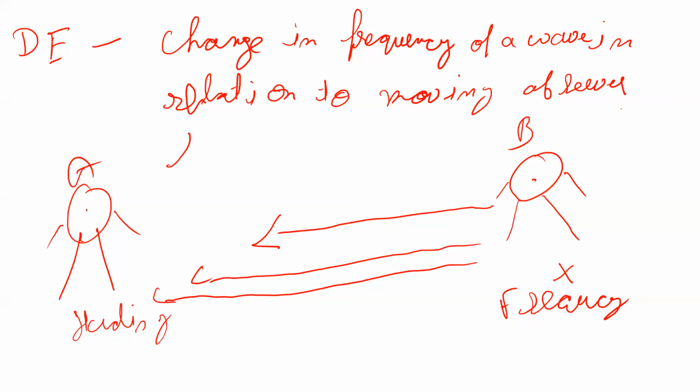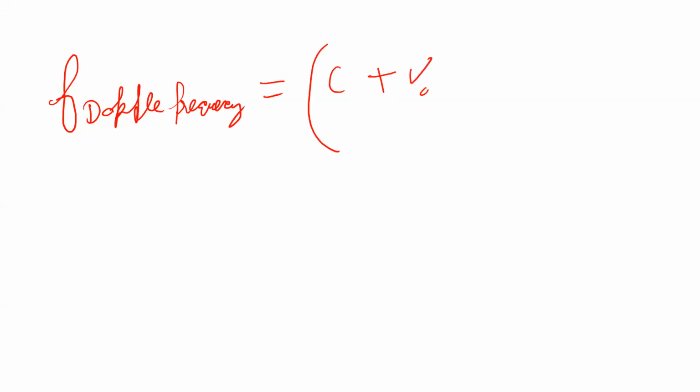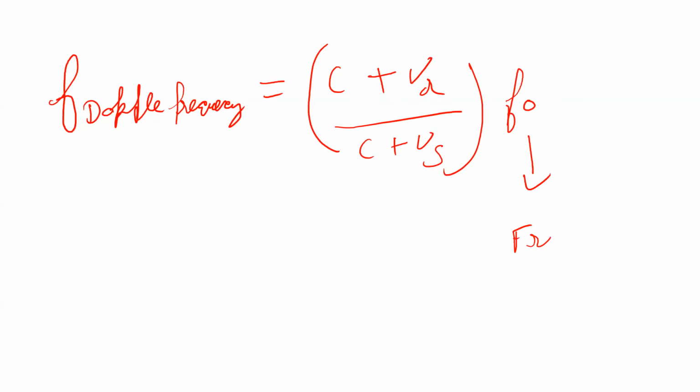So the equation for the Doppler change, or Doppler frequency, is equal to C plus VR over C plus Vs, into F naught. So F naught is the frequency which we are using, or you can say the frequency of operation.